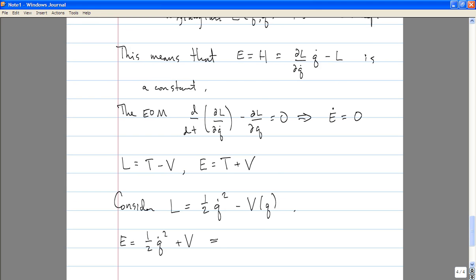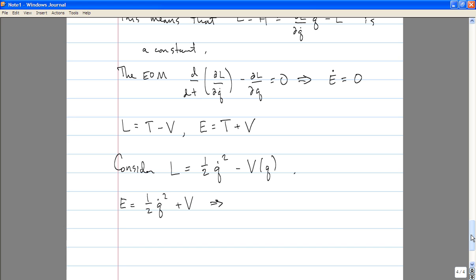So I can then go ahead and solve that equation for q dot. And we see that q dot is given by the square root of 2 times the difference of E and V. Here, E is a constant which depends on the solution to the equation of motion, but is independent of time, and V is a function of q.